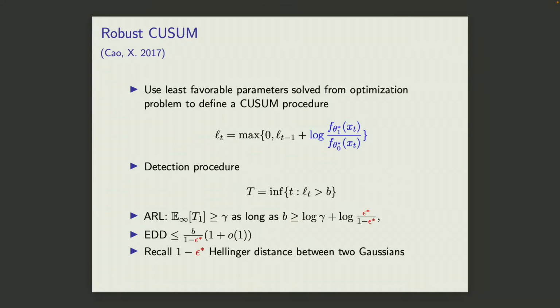And so one way to address this is one of our prior works, where we define a so-called robust CUSUM, where we modify the CUSUM procedure, which is an online stopping time procedure, where the increment added is a log likelihood ratio. This basically is an optimal detector induced by solving the robust hypothesis test.